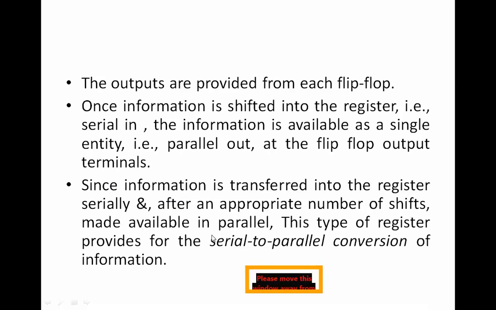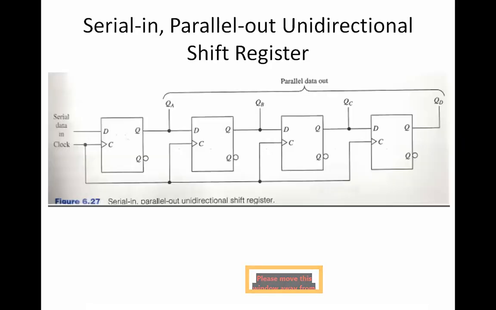As I told you, it is not available immediately. It will happen only after the clock signals. After one clock signal it passes here, then the next clock signal and the next. Instantaneously, you will not get your outputs here. You will get them after a few clock cycles, but then you get them in parallel. That is the idea.